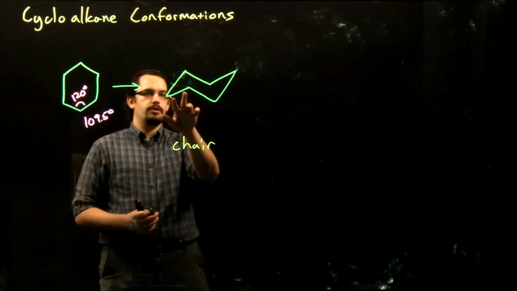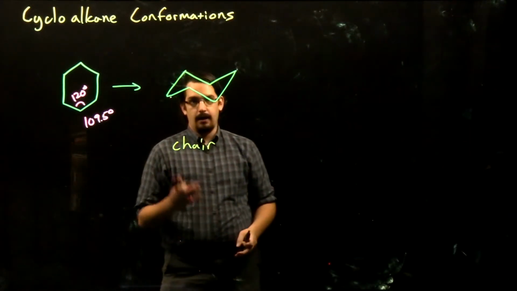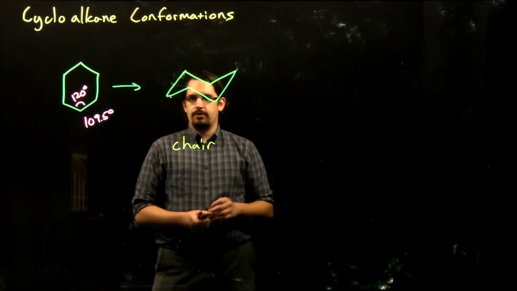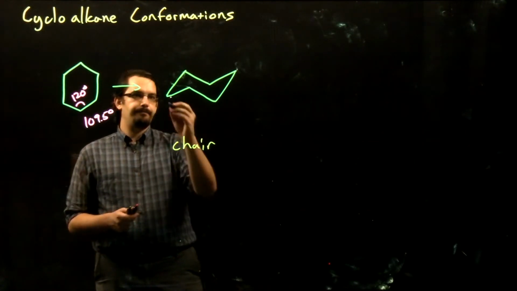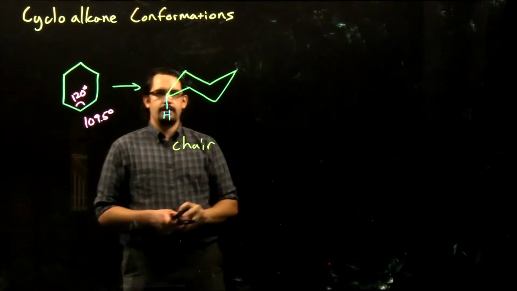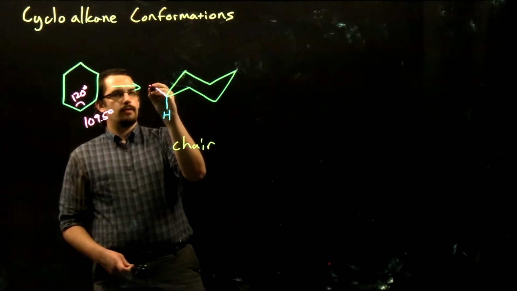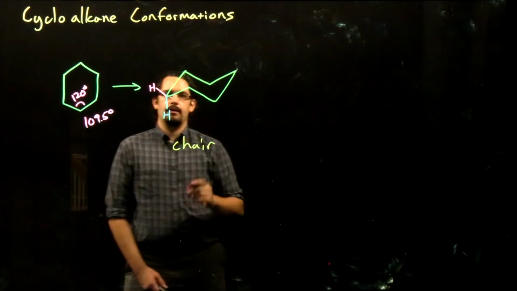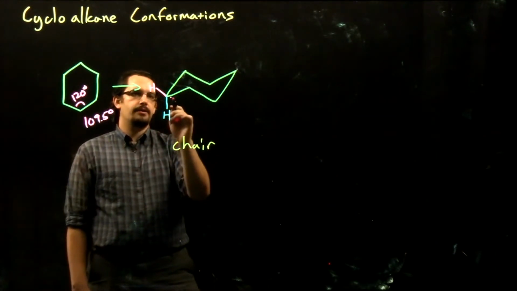So this front line should be in a wedge shape, and the back line would be more like a dash going backwards. Now in order to form my tetrahedral shape, I'm going to want to put one bond downwards to a hydrogen, and then one bond over to the left and slightly up as another hydrogen. So now I have my tetrahedral shape here with my two hydrogens and my two carbon-carbon bonds.